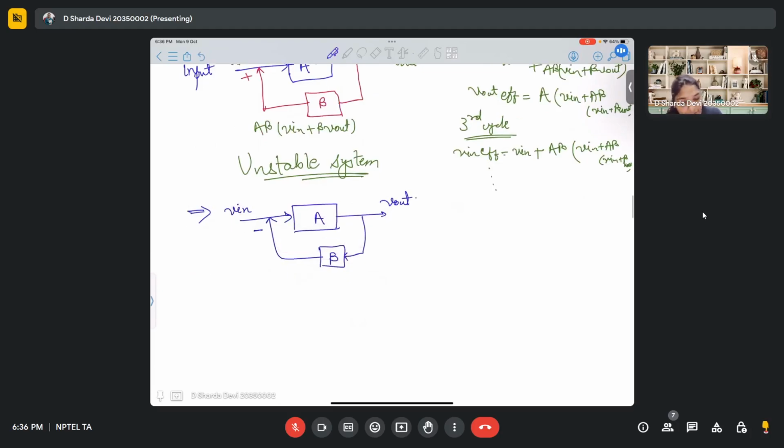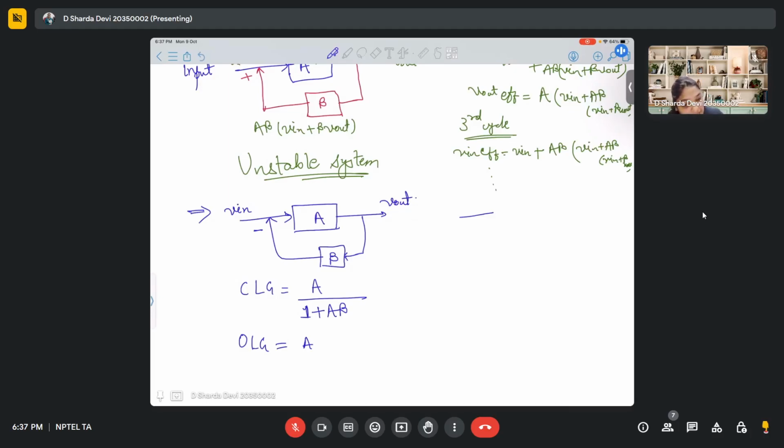How would you write your closed loop gain? Closed loop gain is written as A upon 1 plus A beta. So if you observe, the gain has reduced, right? Earlier the open loop gain was A. Now it has become A upon 1 plus A into beta, which is smaller than A, right?